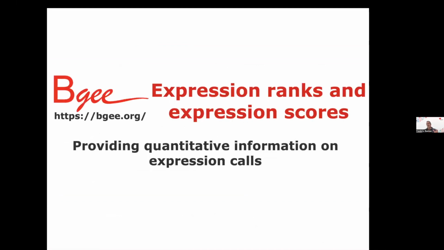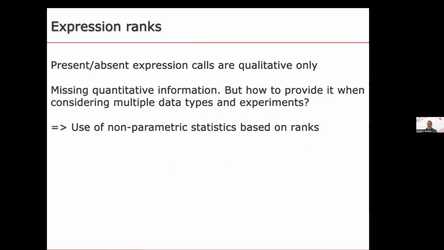Okay, so here I presented only qualitative information, genes that are expressed or not, but in most studies, you are interested in the quantitative. You want to compare the expression levels. So how do we do that in Bgee to compare the expression levels? It's based on non-parametric statistics, okay?